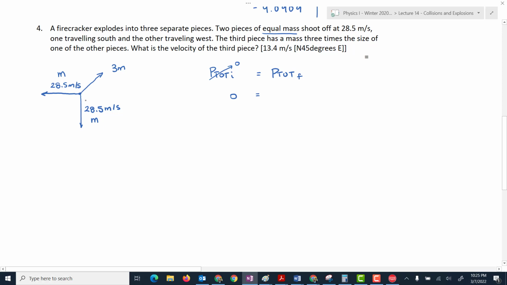So now, what are all of my momentums final? So I have m1, which is just m, times v1, which is 28.5, but it's going to the west. What I probably should do at this point is write them all out. So this is M1.